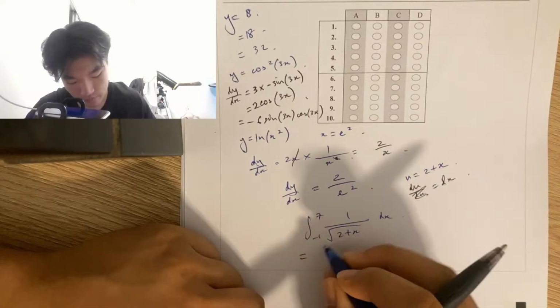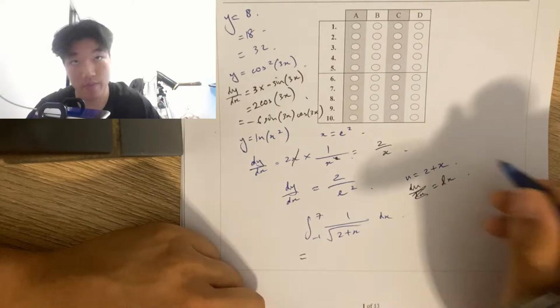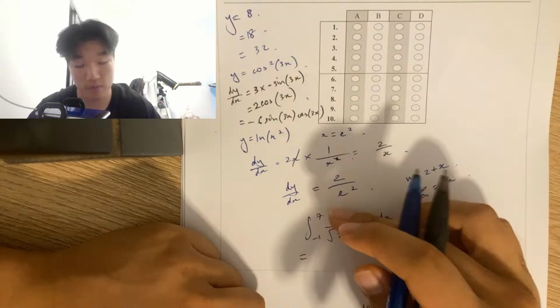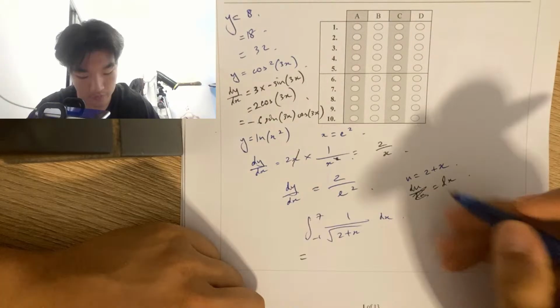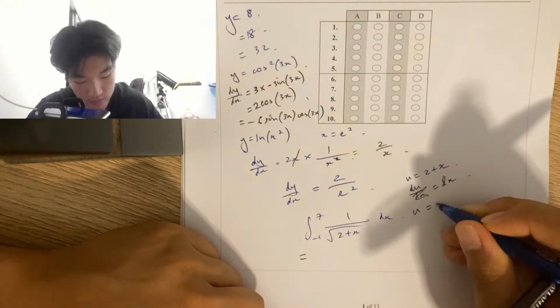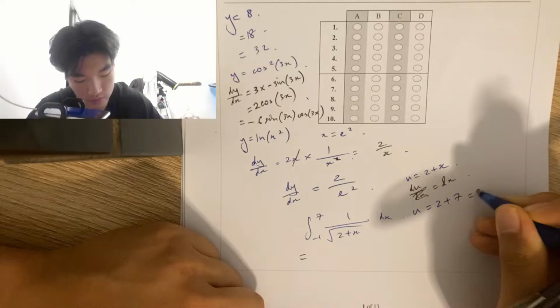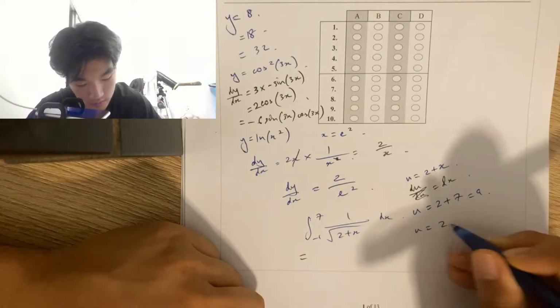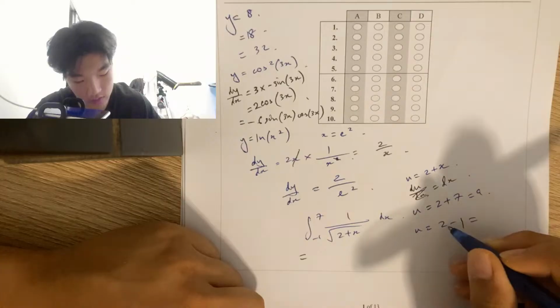Okay. We're going to change the bounds as well. Since we've subbed u in, we need to change these bounds because these bounds are in terms of x. Now we need to make them in terms of u. So we sub in the bounds. 2 plus 7 equals 9, so the upper bound is 9. The lower bound is 2 minus 1, which is 1.